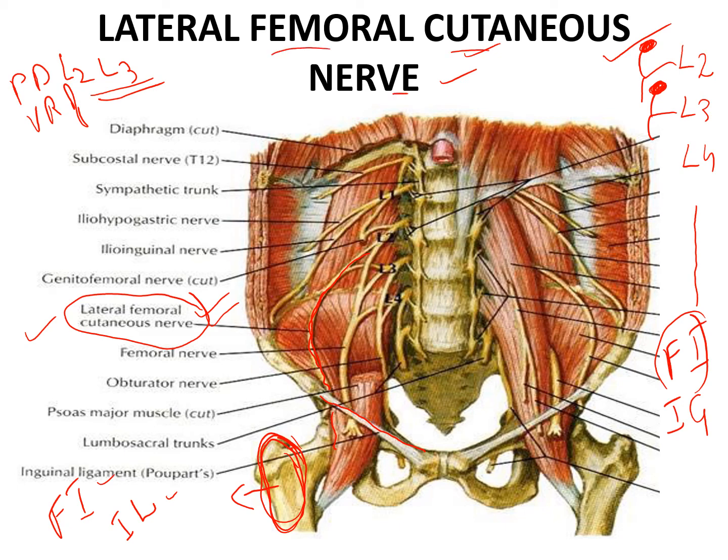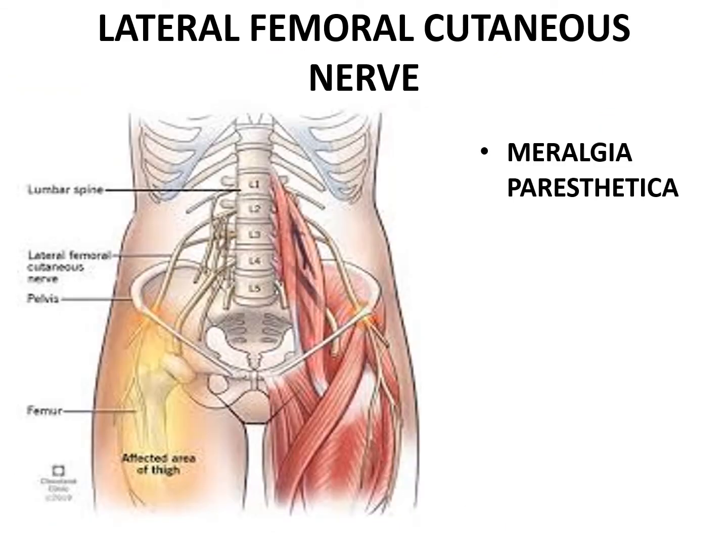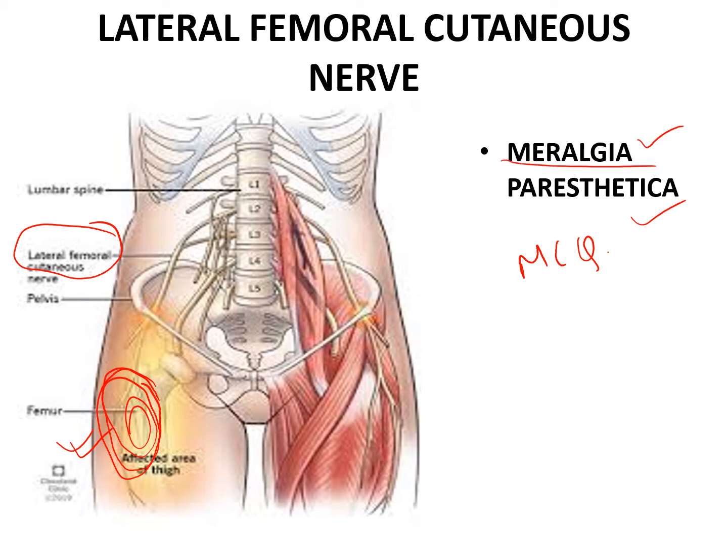This condition is called meralgia paresthetica. This is an MCQ question. So, the skin supplied by the lateral femoral cutaneous nerve, that is the upper lateral aspect of the thigh, if there is any pain or burning sensation in that region, that condition is called meralgia paresthetica. Why does it occur?